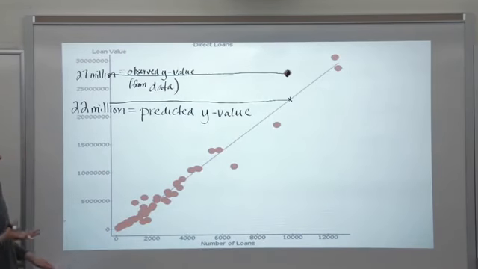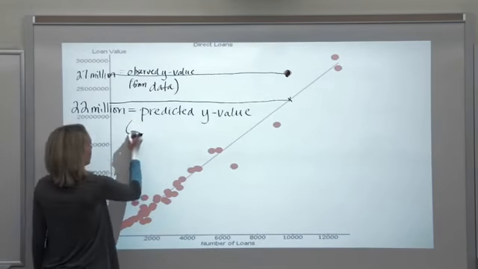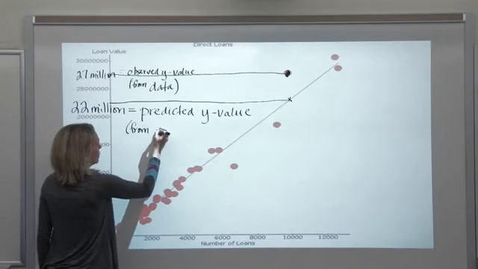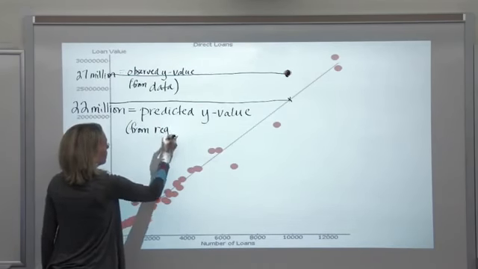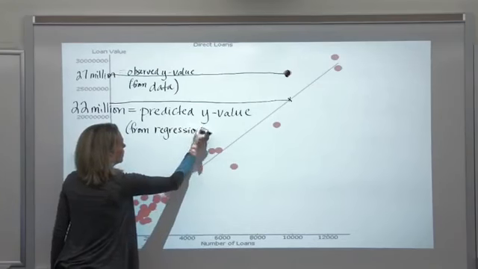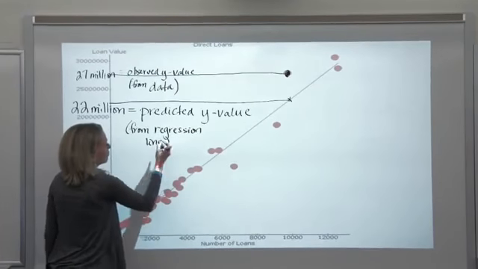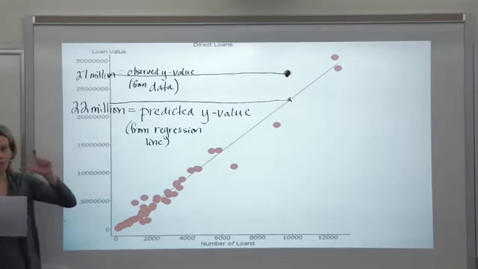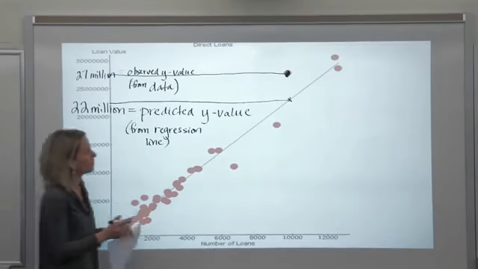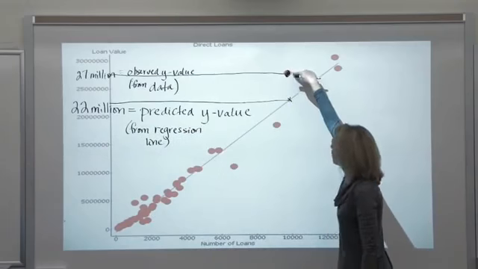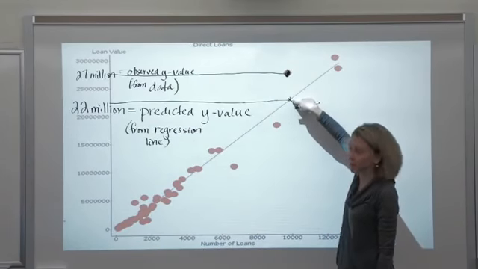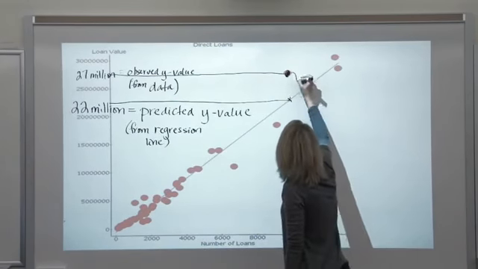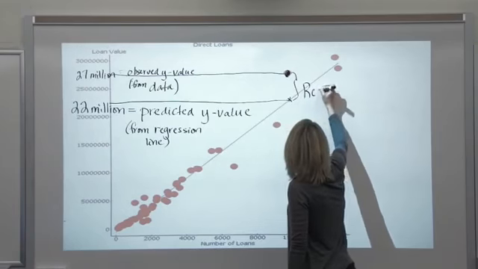And that predicted value comes from our regression equation. The difference between those two is the value of the residual. If we see how far off the observed value is from the predicted value, that's the residual. So this difference right here is the residual.